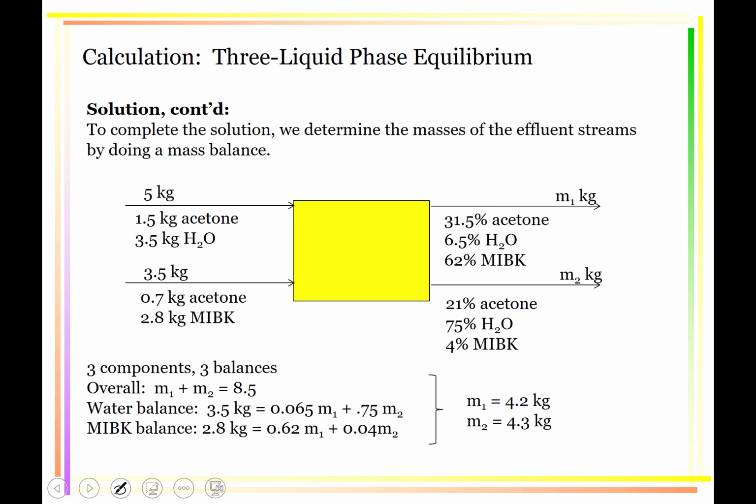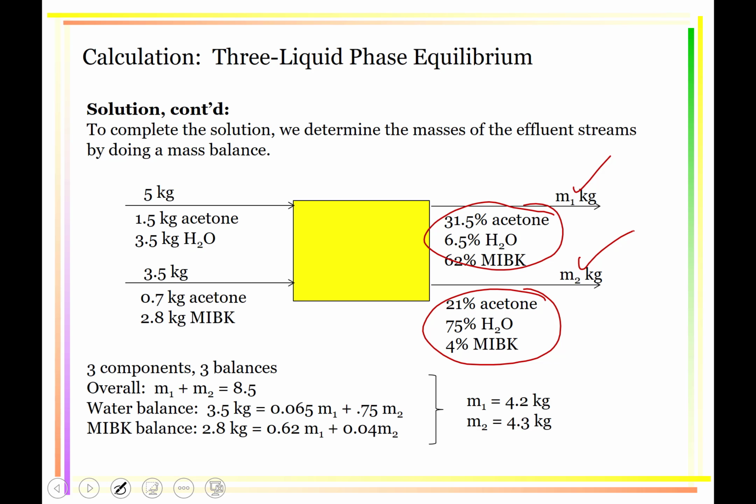Now, what we've just gotten is the composition of the two phases leaving the extractor. With that information, we have two unknowns here, M1 and M2, and we can solve for the unknowns.